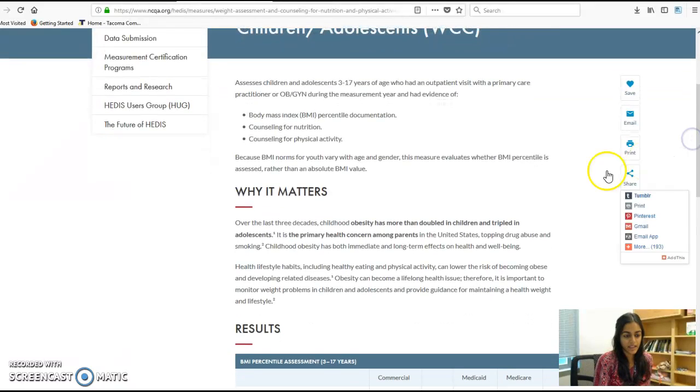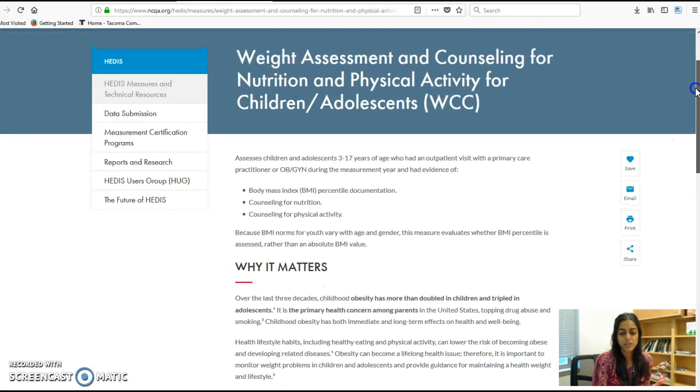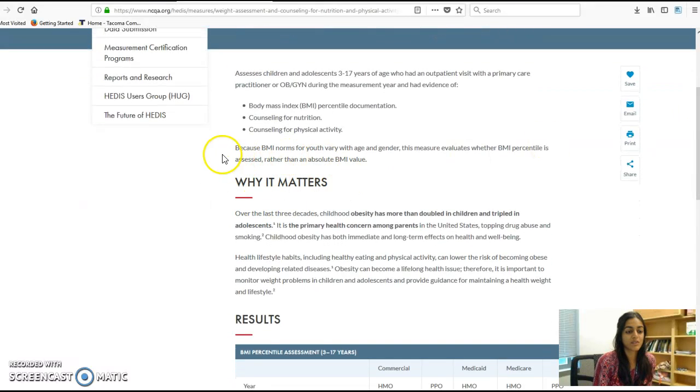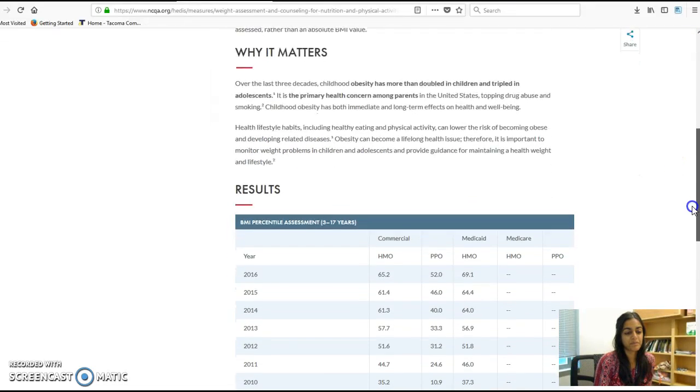I like that they have this section about why it matters, and it talks about the burden of disease, or the prevalence of this condition in our larger population. I appreciate that this section is in here because for someone checking out this website who isn't conversant in why it matters, that's really important.